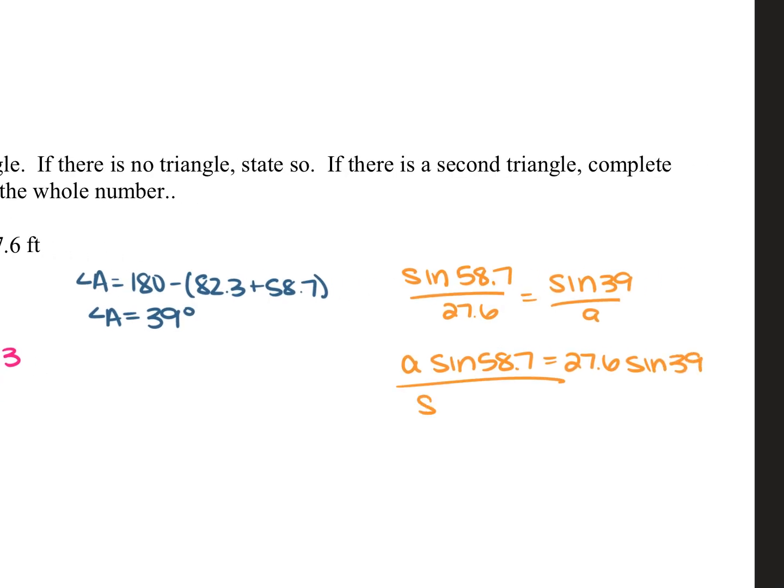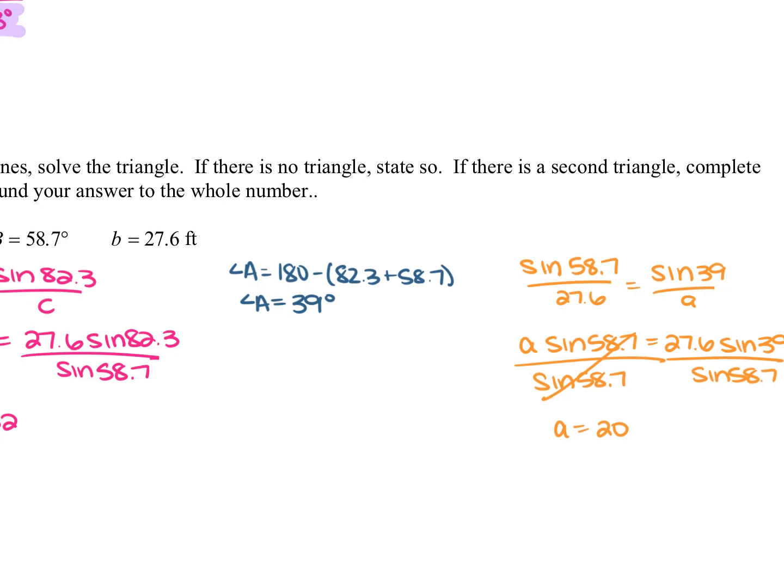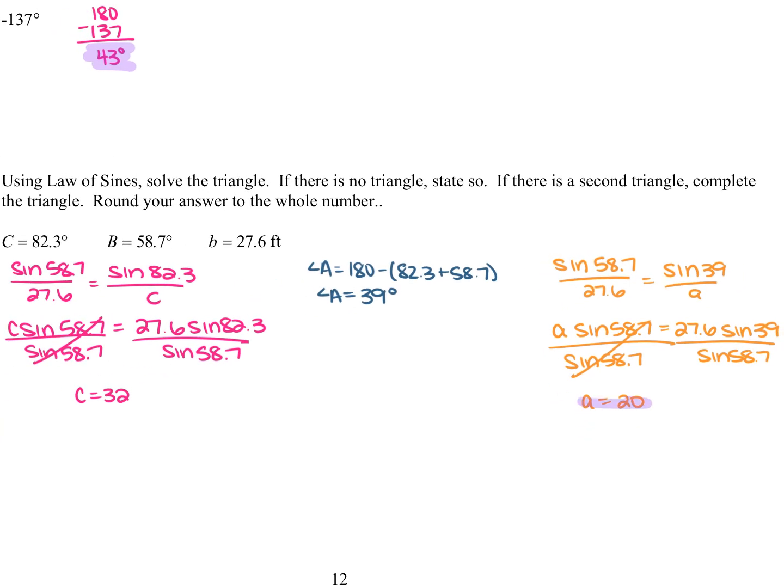Divide each side by the sine of 58.7. And this leaves you with A equaling 20. So side A is 20, angle A is 39, and side C is 32.